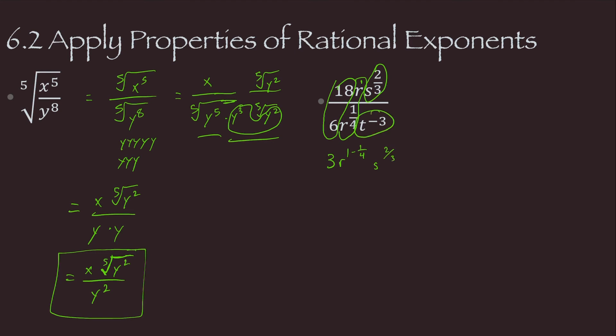And on the bottom, I have this t to the -3. The negative exponent means I'm going to take the reciprocal, and it'll actually end up being on top. All right, let's simplify the r. 1 minus 1/4 is 3/4. So I have 3r to the 3/4, s to the 2/3, t cubed.